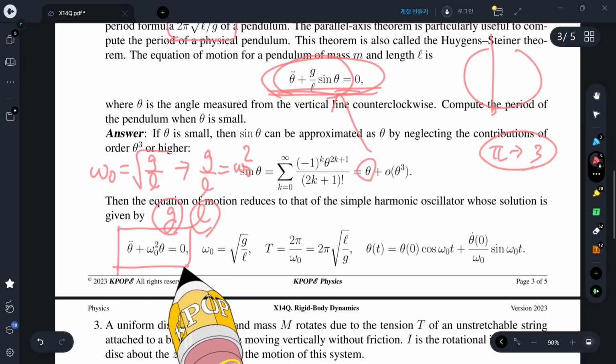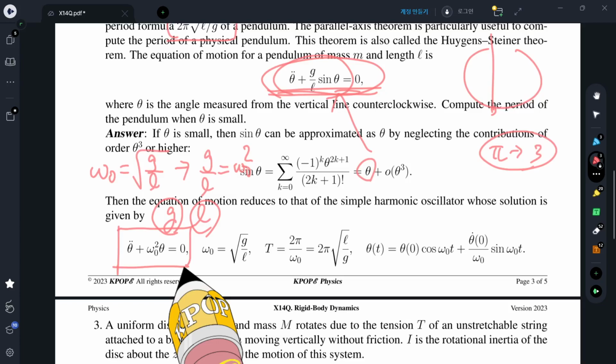So simple an equation. This is called the equation for the simple harmonic oscillator. The reason is that any trigonometric function, such as a sinusoidal function, sine or cosine, we say is a harmonic function.